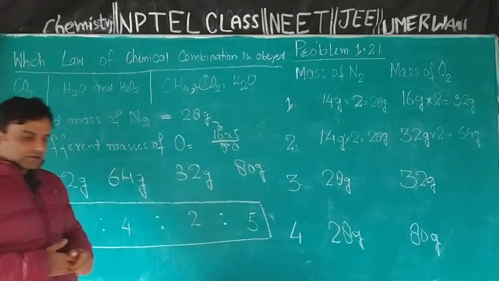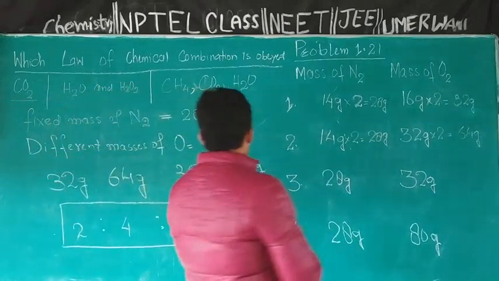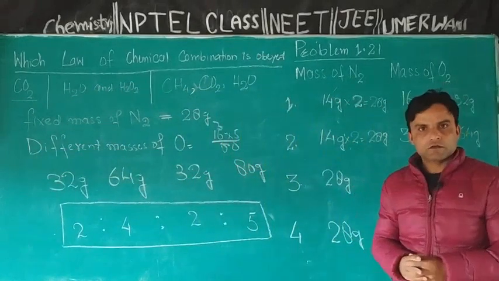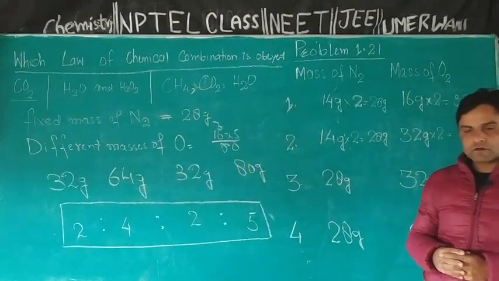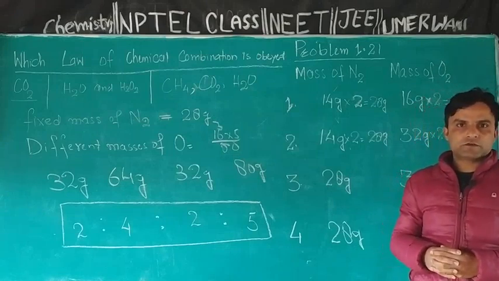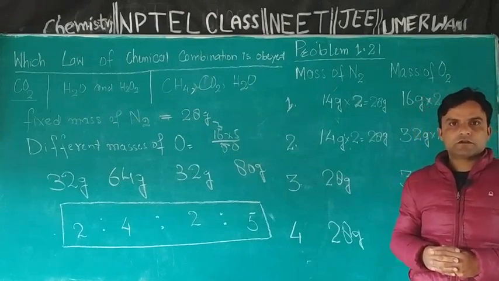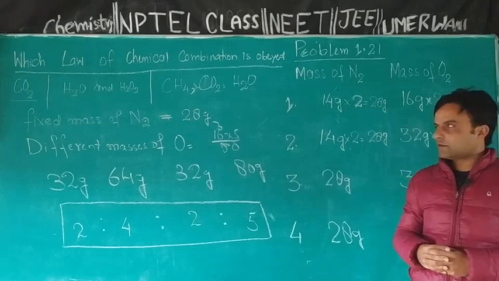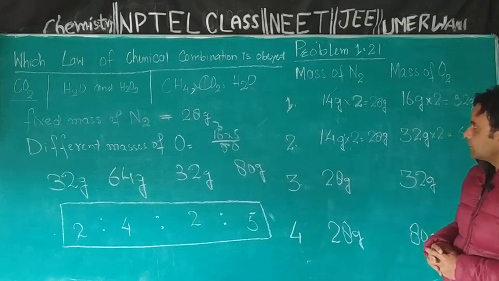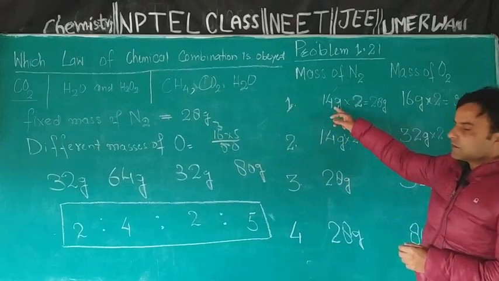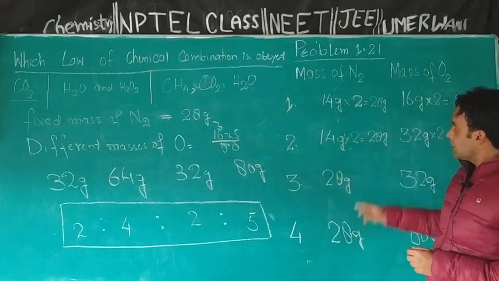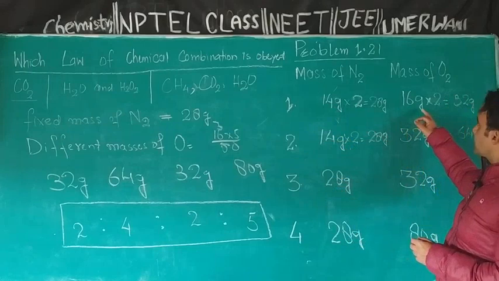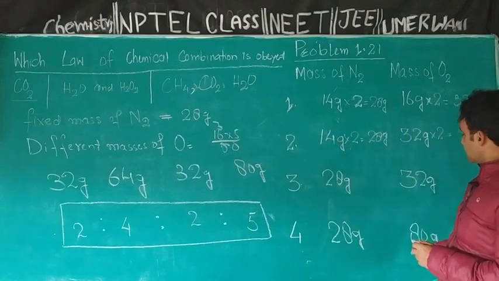If I may recall this numerical problem one time for you, it was given that dinitrogen N2 and dioxygen O2 react with each other to form 4 different compounds, and for these 4 different compounds, the reacted masses of dinitrogen and dioxygen were given: 14, 28, 28, and 28 for nitrogen, and for oxygen 16, 32, 32 and 80.